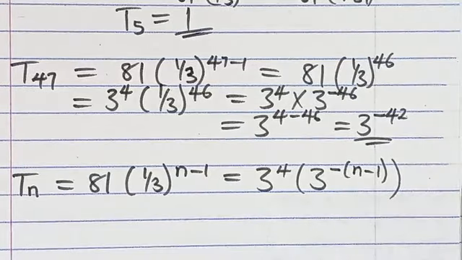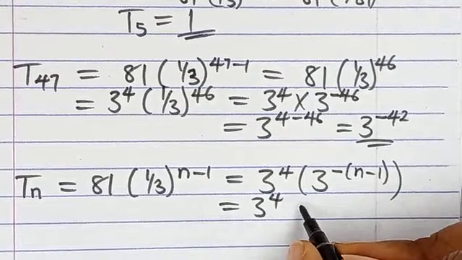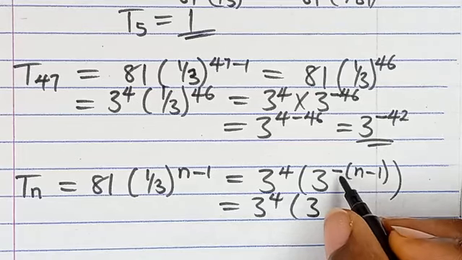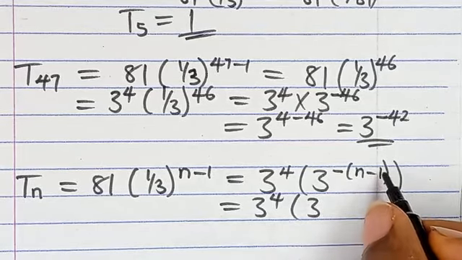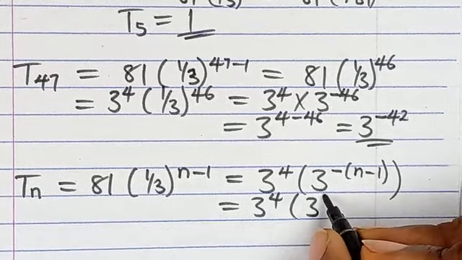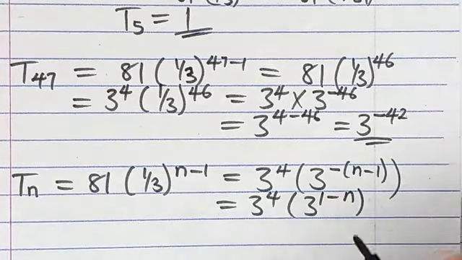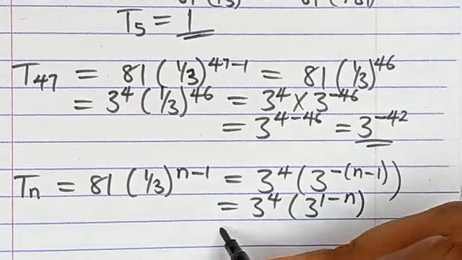So we can actually have it this way, right? Okay, let's simplify. We have 3 raised to power 4 into 3 raised to power minus n, that's minus times n is minus n, minus times minus 1 is plus 1. So let's start with the positive 1 minus n. So this is what we have finally. Now, let's collect them together.